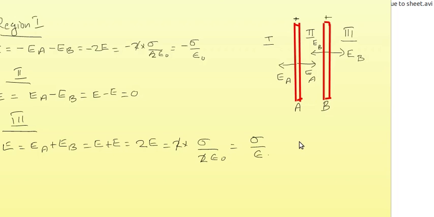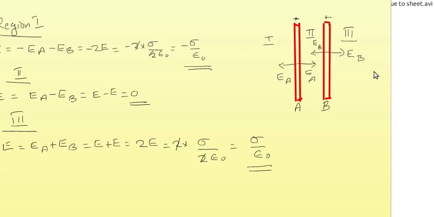And you can see that the total field in the three regions is different. On the left side, that means in region 1, it is minus sigma by epsilon 0. Region 1 and region 3 are outside, region 2 is the inside point. So outside, in region 1 it is minus sigma by epsilon 0.